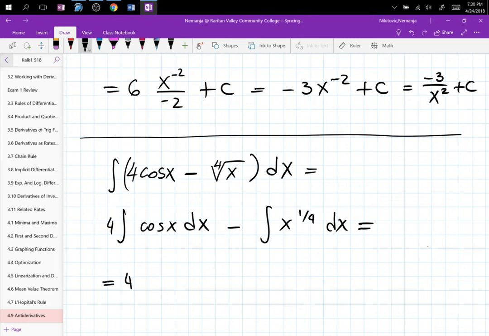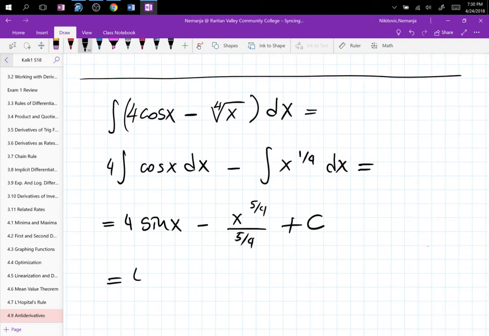Copy the constant 4. Integral of cosine is positive sine, very good. So just sine x minus, and now we have x to the 1/4 plus 1, that's 5/4, divided by 5/4 plus c.